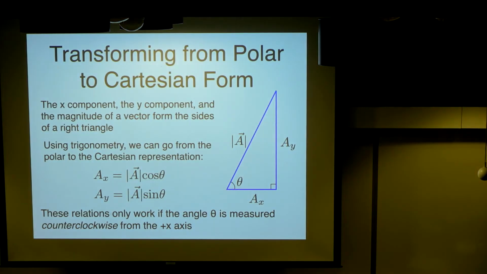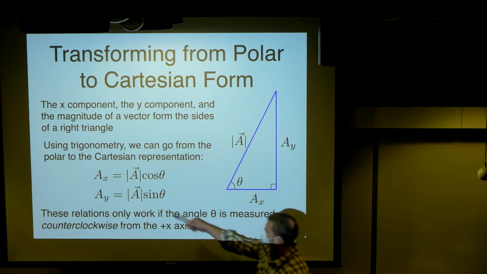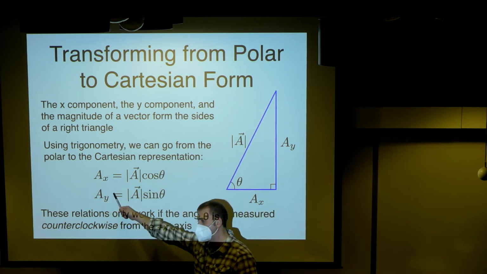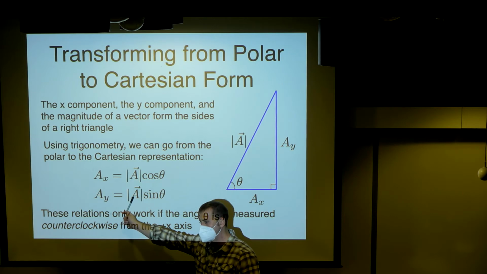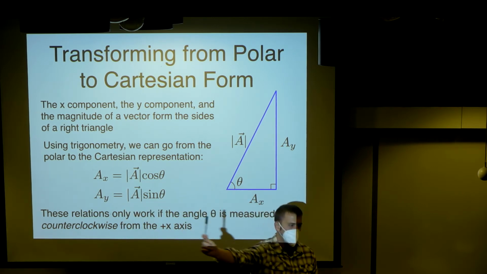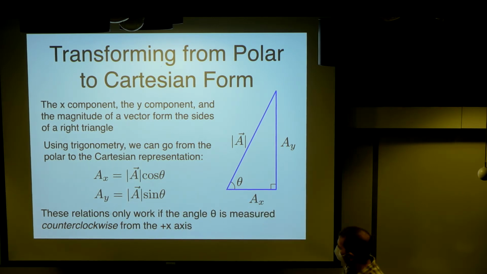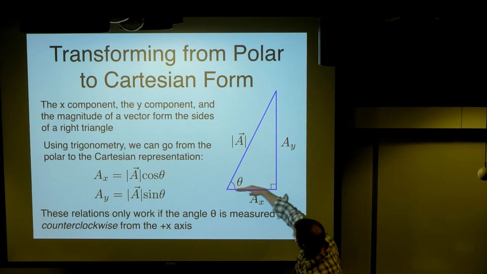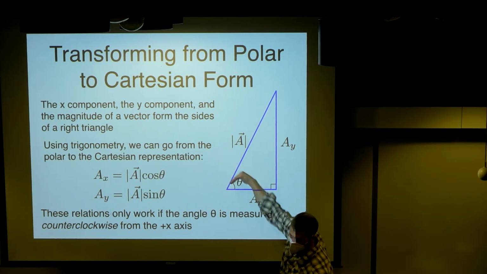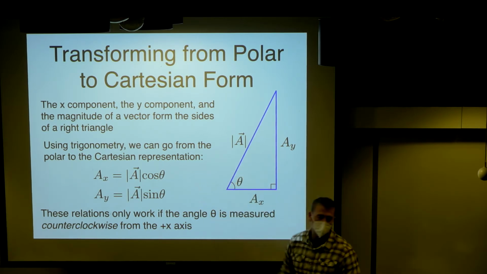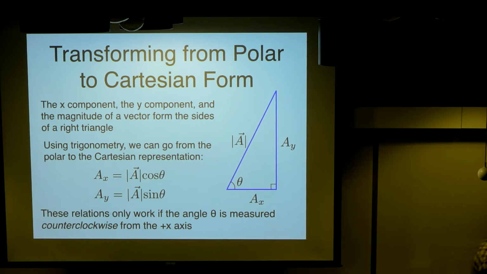To summarize, Ax equals magnitude A cosine theta, and Ay equals magnitude A times sine theta. These relationships are only valid if we're taking theta to be off the x-axis going counterclockwise like this. As long as that's the case, these will work just fine.